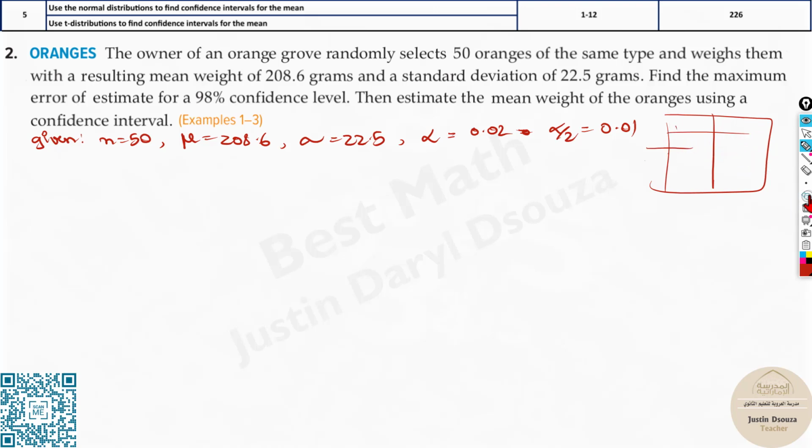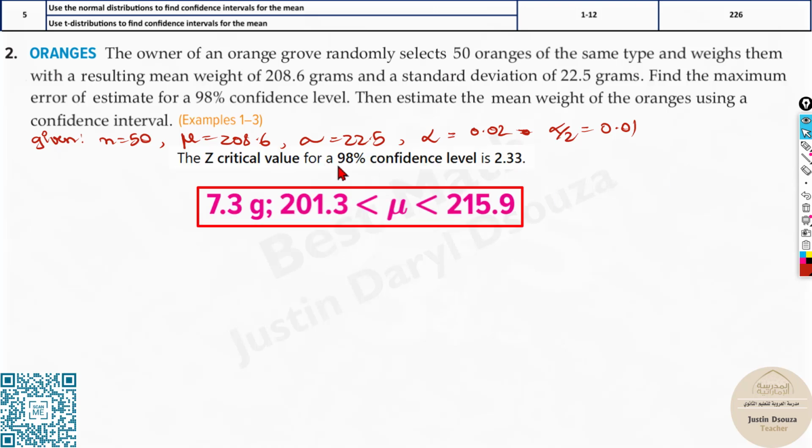If that was the case, you had to do this alpha by 2. I was calling this gamma, it's really alpha. I'm sorry for that. Anyway, let's look into the z value because I do not know what the z value is. Here they have told us that for the confidence interval of 98%, the z value is 2.33. So I'll take z alpha by 2 is equal to 2.33.